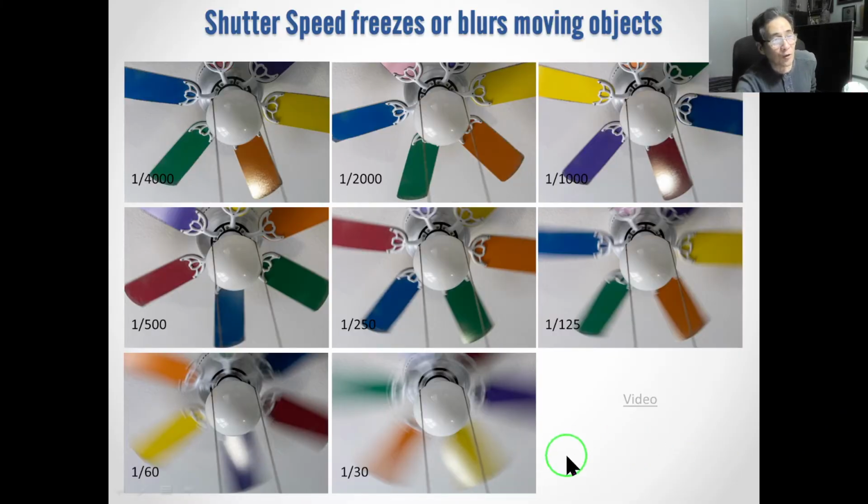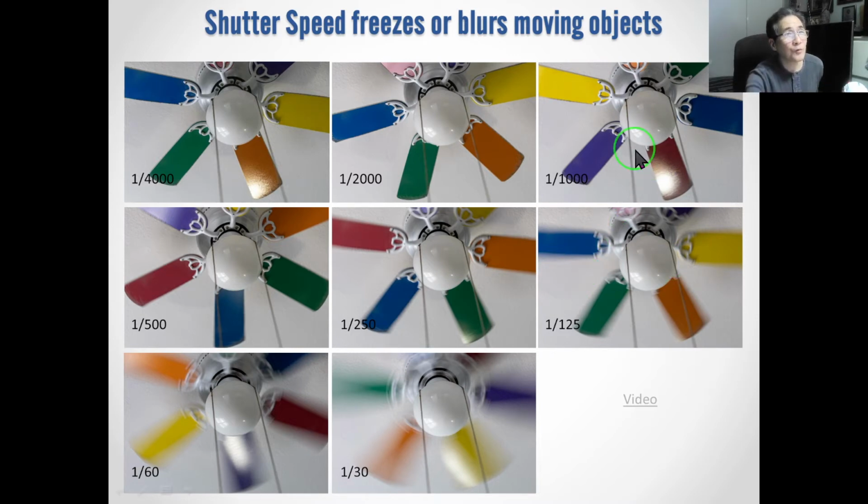Okay, we're gonna go backward from 1/30 of a second. Okay, you have a lot of motion blur because the fan is turning very fast. Now, as you increase every single f-stop, this thing is getting clearer and clearer because of the freezing motion property of the high shutter speed.